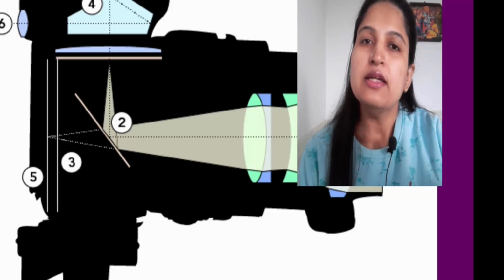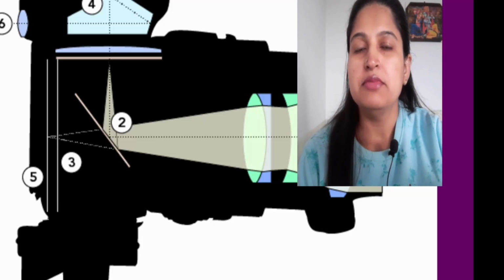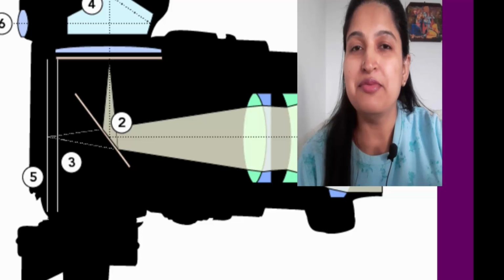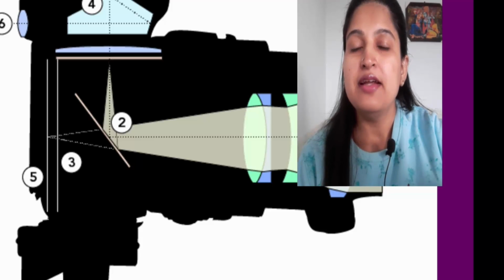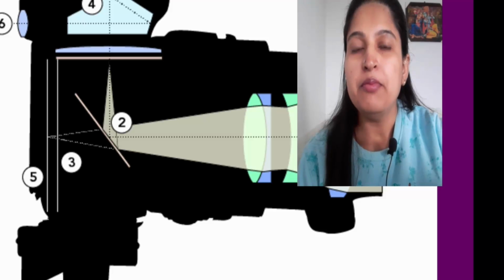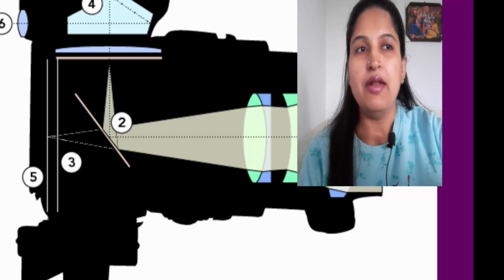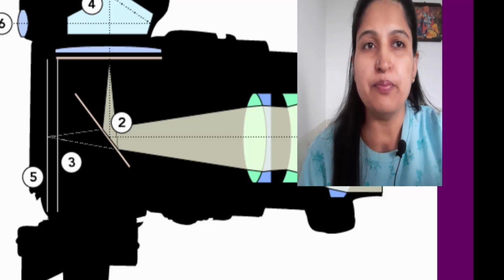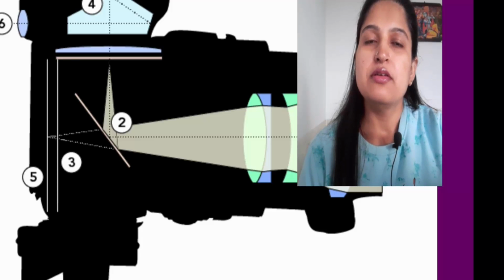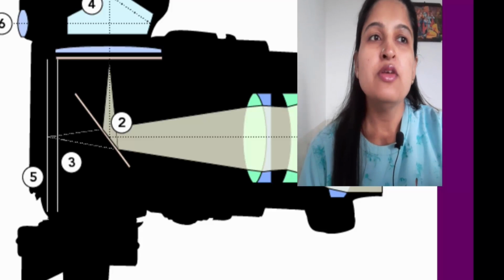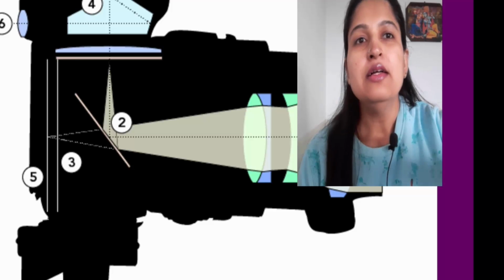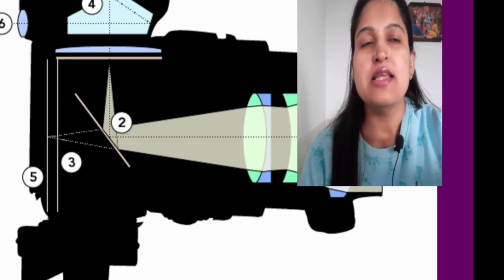Nowadays we are using the digital camera, not the camera which we used earlier, which had film in it. All the pictures we clicked and all the videos we recorded got recorded on a film, but nowadays in a digital camera we have a light sensitive chip on which the image gets formed. So in today's digital camera this surface is an image sensor chip.